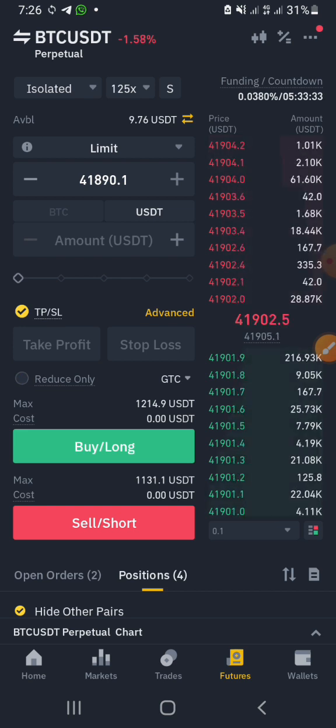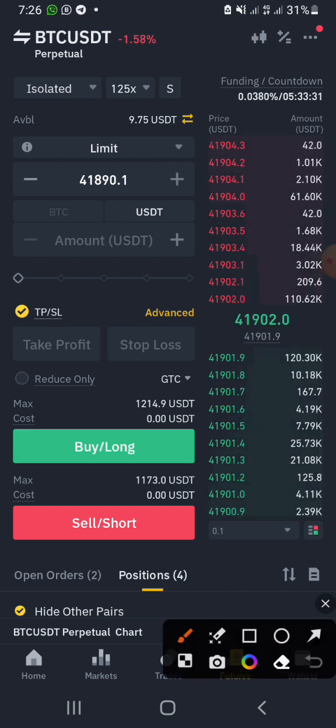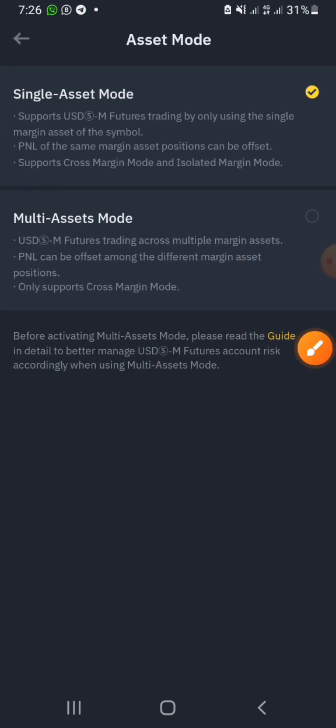Okay, with that being said, let me go over to the next part, which is single and multiple asset mode. Let me explain this very quickly. You can go over to read this, but I'll be explaining it in a short way. For single asset mode, for instance, you are trading on Bitcoin and you want to enter another position. If you enter another position on BTC while your trade is currently ongoing, it is going to add to the current trade.